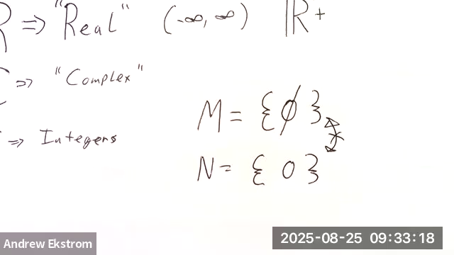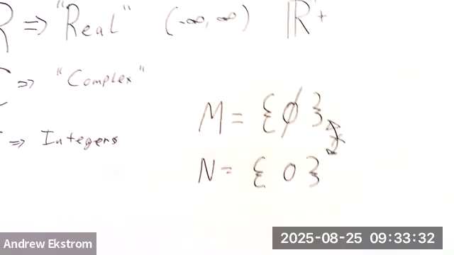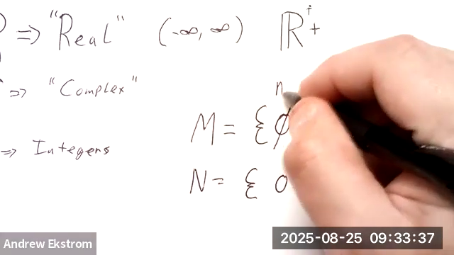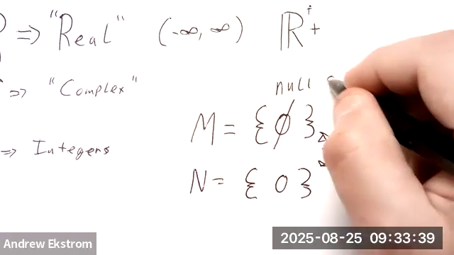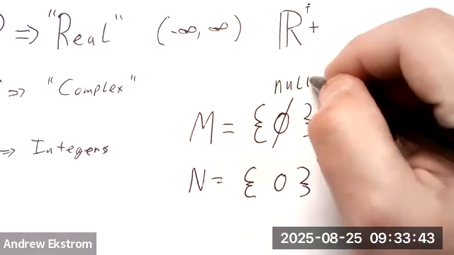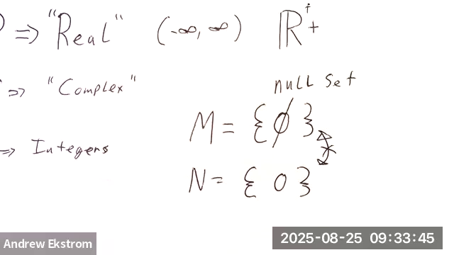So you're saying that there is something in here. It's either the letter Z or the number 0 or the letter O. Up here, you're saying there's nothing in there. It's weird, but we'll actually call this the null set. Null just meaning there's nothing there.